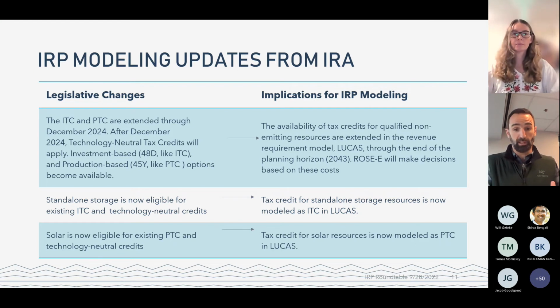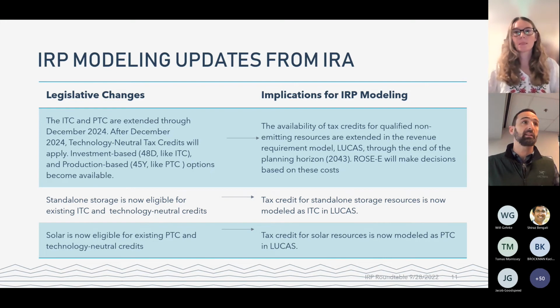So we are incorporating the benefits associated with tax credits out through the end of 2043 for a couple reasons. First off, we don't know when the power sector will emit less than that. The second reason is that the PTCs have been extended many, many times, and frequent IRP viewers know that the PTC extension has been a very hot topic, because we previously, over the past couple of years up to August, expected that the PTCs were just about to expire. And because of that, the resources that you would otherwise acquire in future years made more economic sense to bring up to the present.